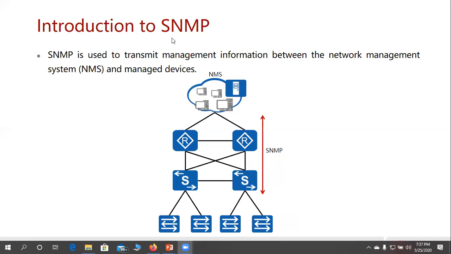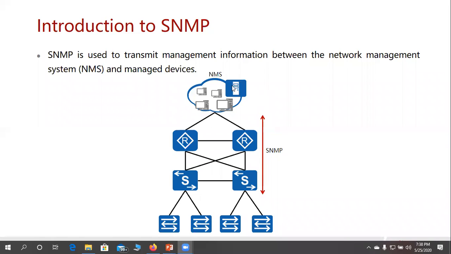Okay, so the Simple Network Management Protocol. This is used to manage a network. So when you configure SNMP on these devices, they will be sending whatever is happening to them to this server here.